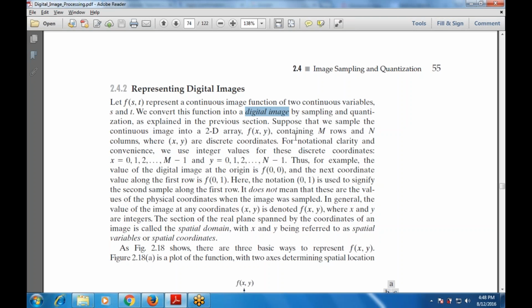For notational clarity and convenience, we use integer values from 0, 1, 2 till m minus 1, and in the same way 0, 1, 2 till n minus 1.